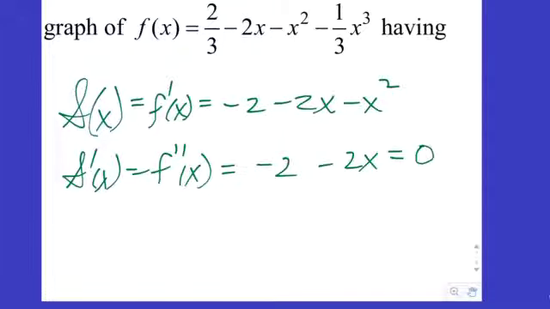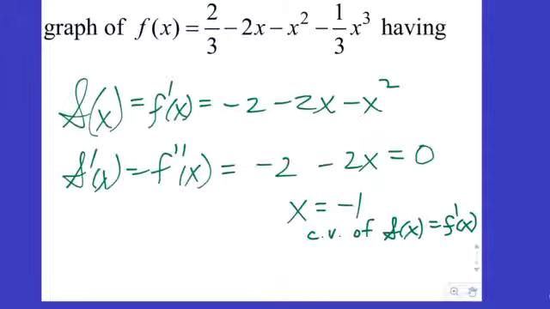We then set it equal to 0, and we get x is equal to negative 1. So this is the critical value of my slope function, or f prime. Bless you.